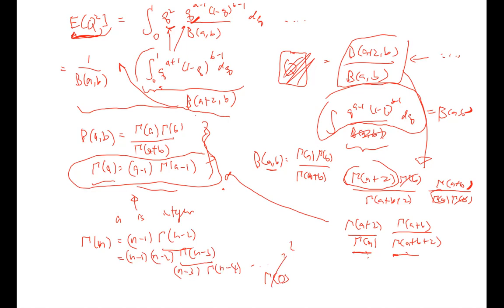So when n is an integer, gamma n is equal to n minus 1 factorial. But this simply comes from this equation here, and of course you need to know gamma 1 is equal to 1.